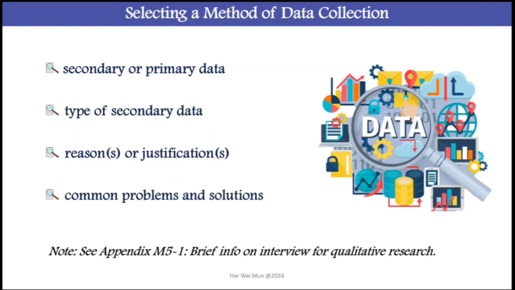So if let's say you do a panel data, that means you combine time series and cross section. Usually I always do panel data because it will be easier in terms of data management. If your panel data, that means you're collecting a lot of data.